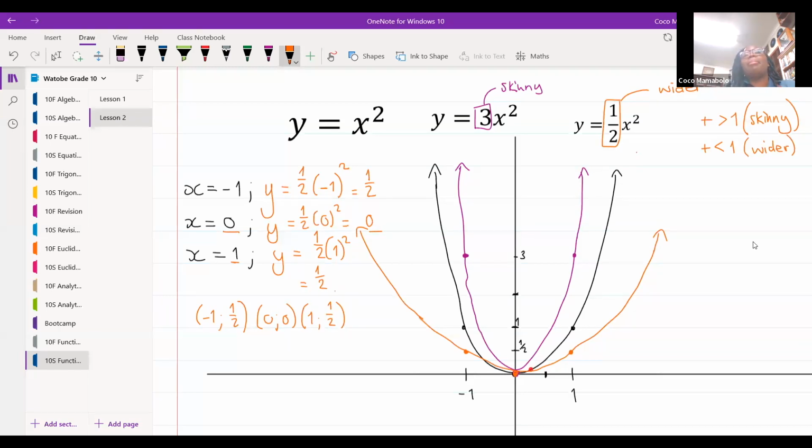But what happens if this number in the front becomes negative? What kind of graph will I get? If it becomes negative, what will happen to my graph, Jasmine?